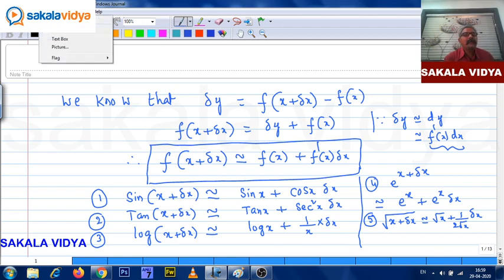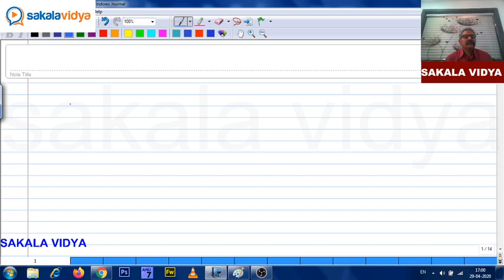So now here, relative error in y equals delta y by y.